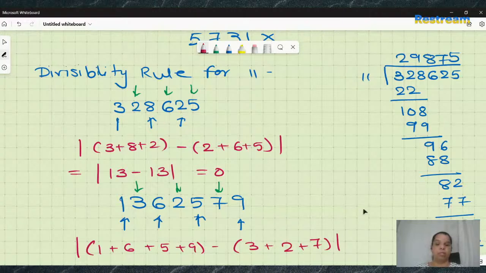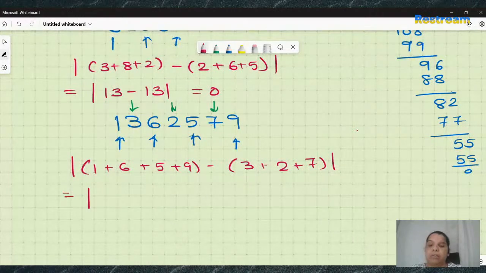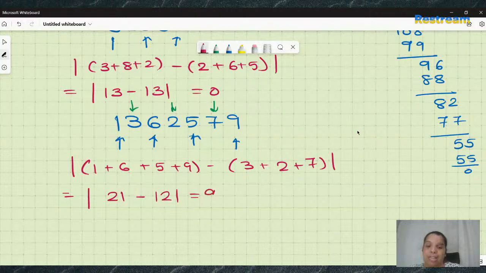What are we going to get? It is equal to 1 plus 6 is 7 plus 5 is 12 plus 9 is 21 minus 3 plus 2 is 5 plus 7 is 12. So 21 minus 12 is 9.